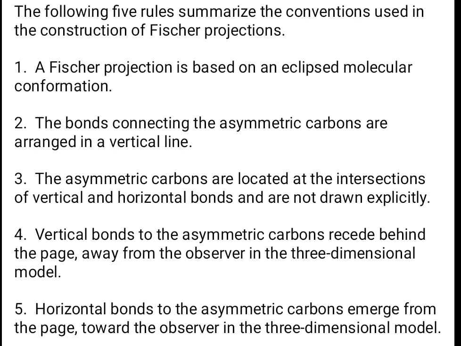The asymmetric carbons are located at the intersections of vertical and horizontal bonds and are not drawn explicitly. 4. Vertical bonds to the asymmetric carbons recede behind the page, away from the observer in the three-dimensional model. 5. Horizontal bonds to the asymmetric carbons emerge from the page toward the observer in the three-dimensional model.